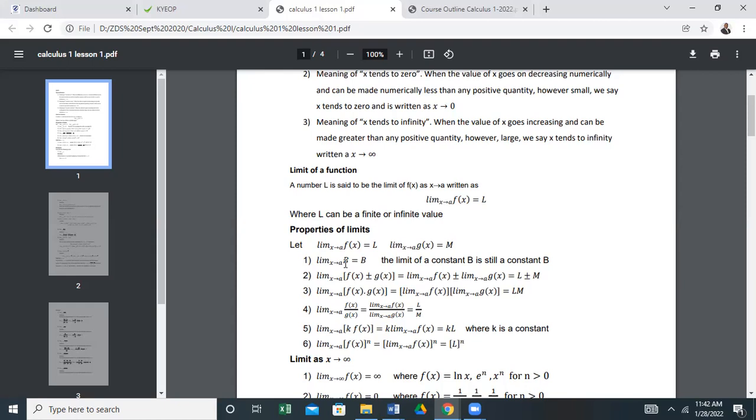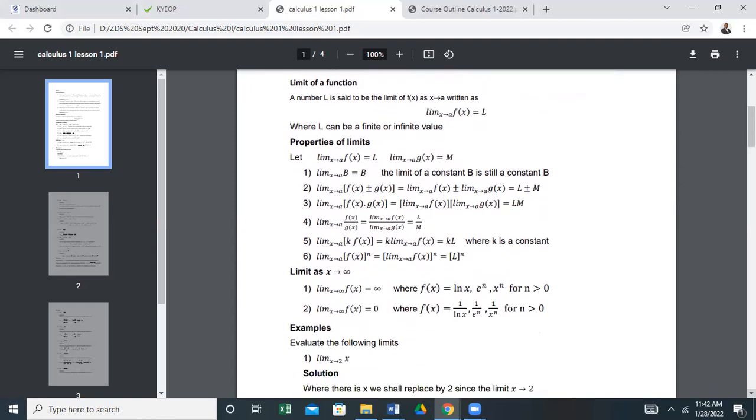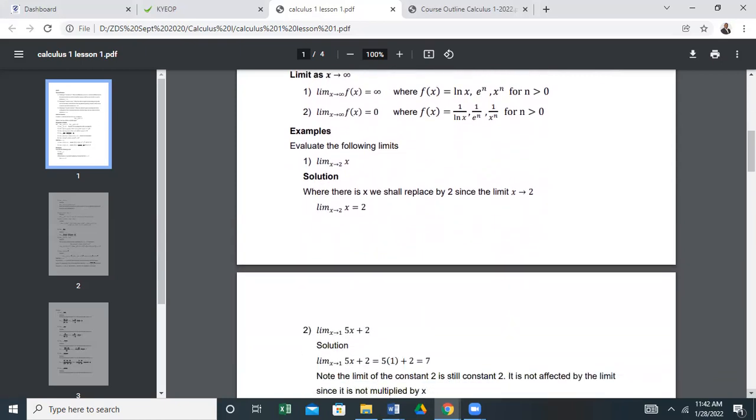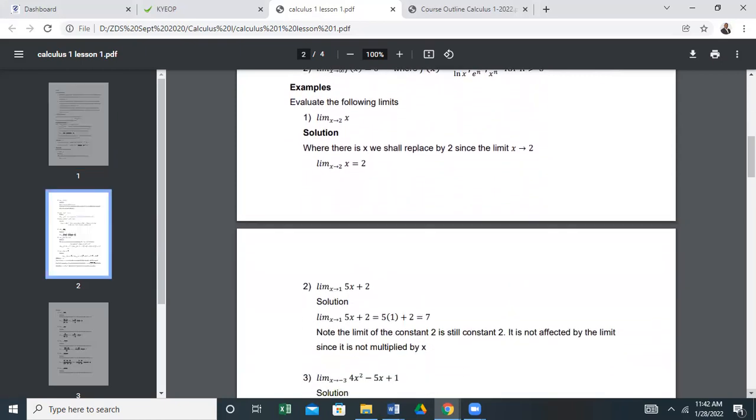The second one, let me give an example. It is good to work with the numbers. Let's not try to follow the principles; we'll come to the principles later. For example, look at these limits. When I talk of the limit of x tending to 2, it means that I shall replace my x with the 2. So if I replace my x with the 2, then that function will be equal to 2.